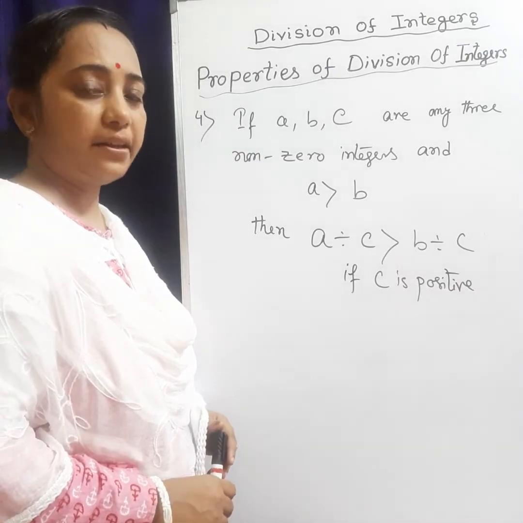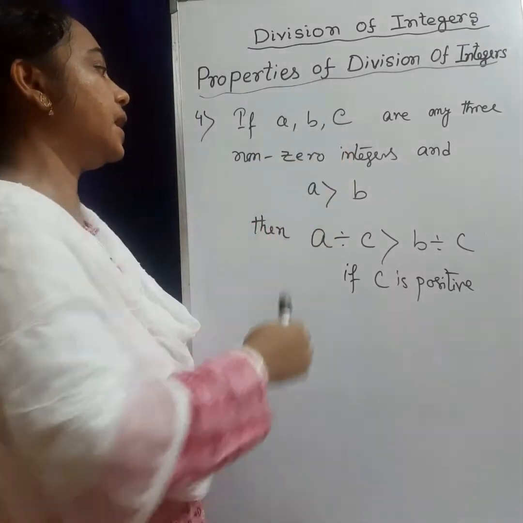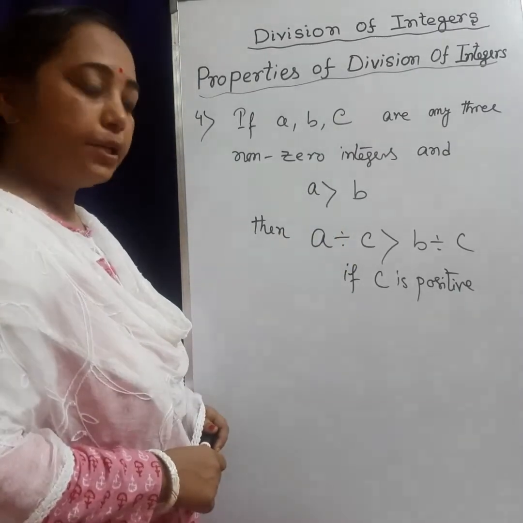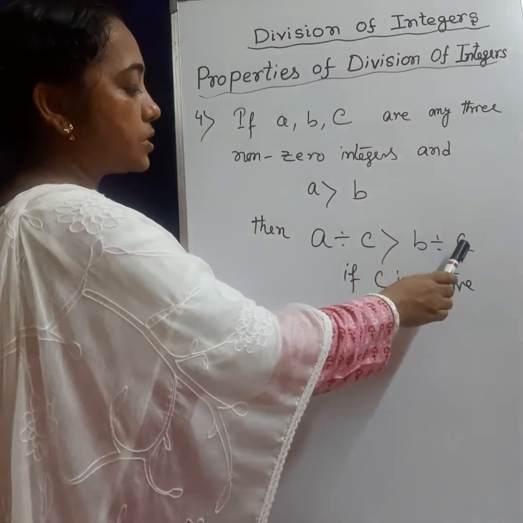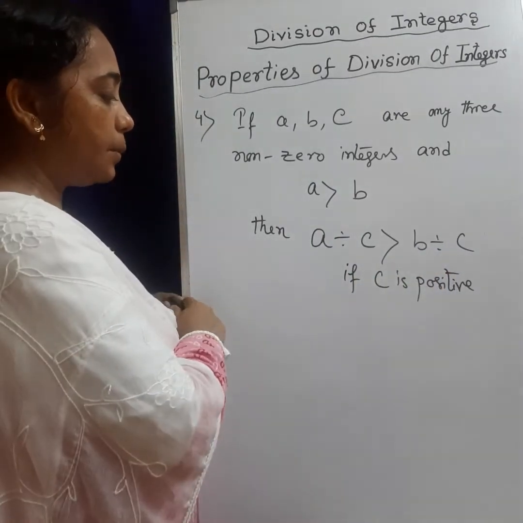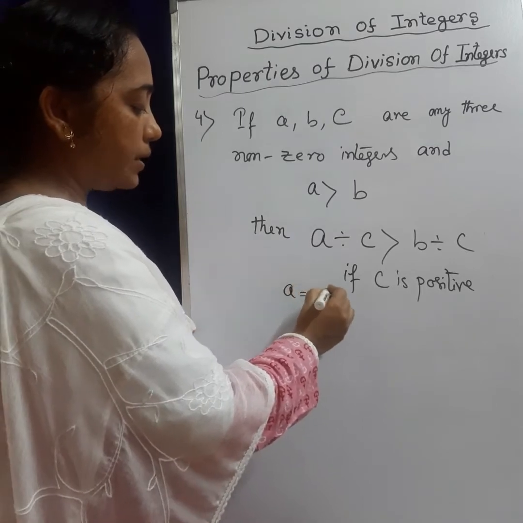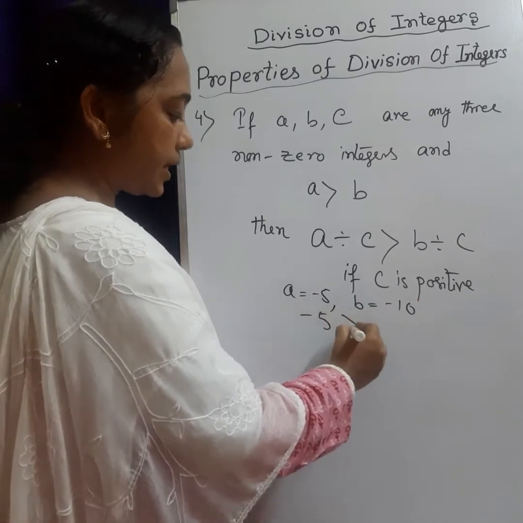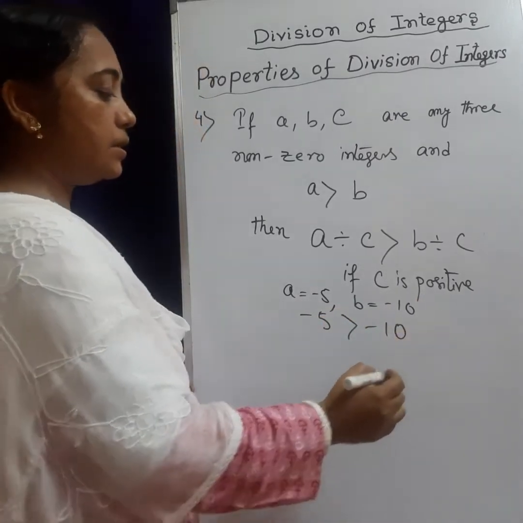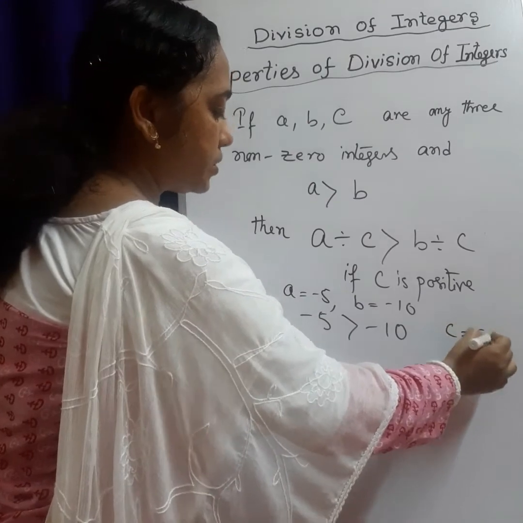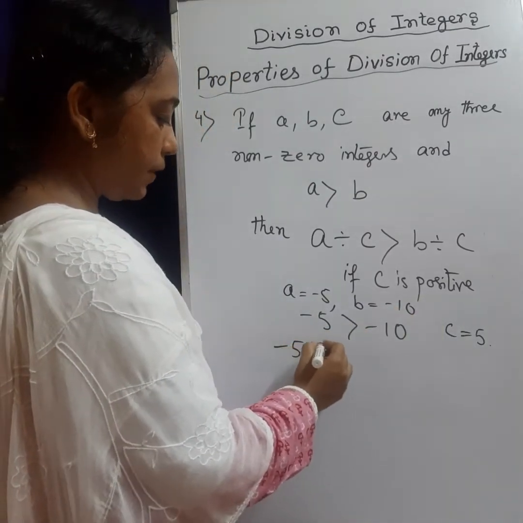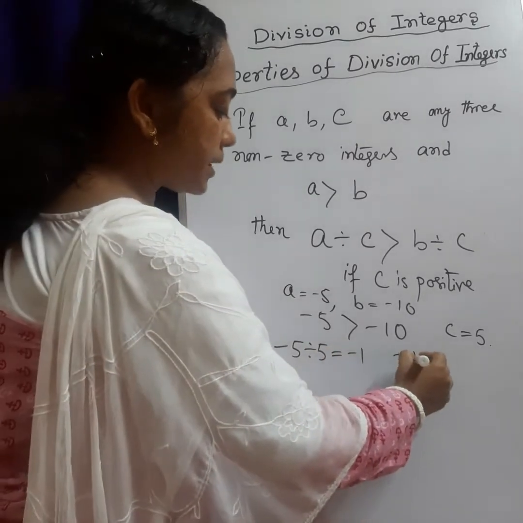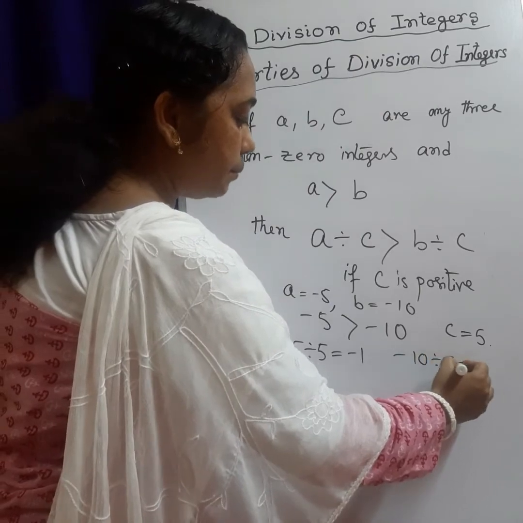Now let us see another important property. If a, b, c are any three non-zero integers, and if a is greater than b, then a ÷ c is greater than b ÷ c if c is positive. For example, if we consider a is equal to -5 and b is equal to -10, then here -5 is greater than -10, and if we consider c is equal to 5, which is a positive integer, so if we divide -5 by 5, we get here -1, and if we divide -10 by 5, we get here -2.